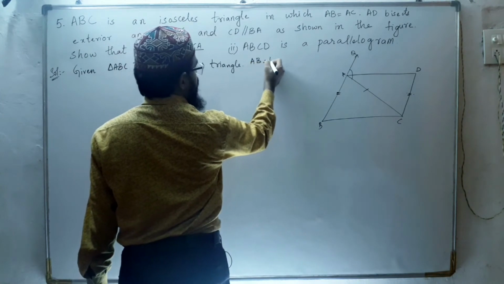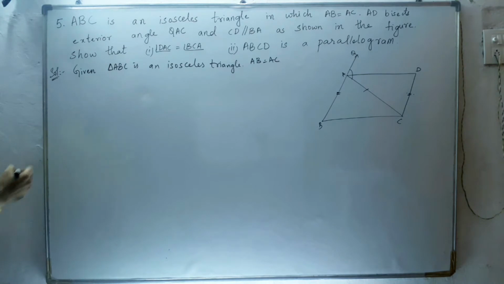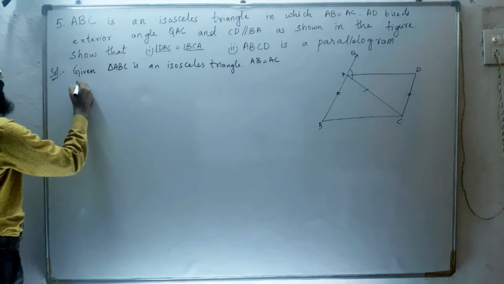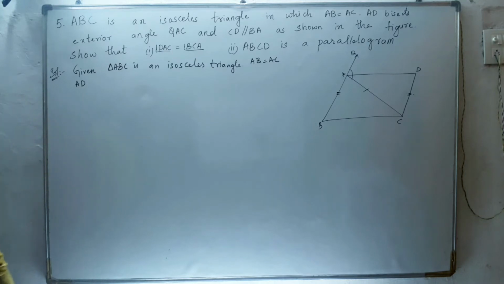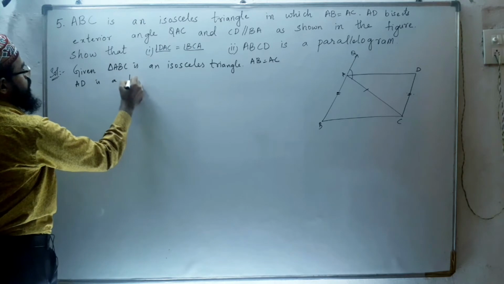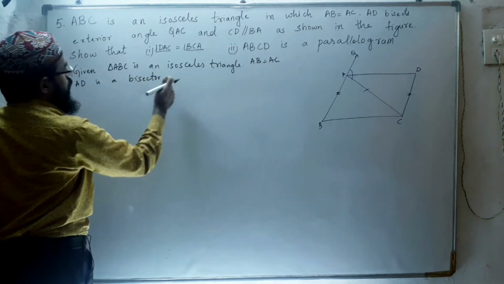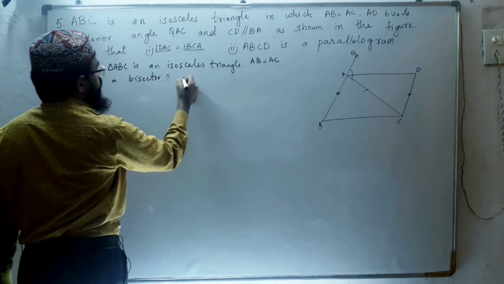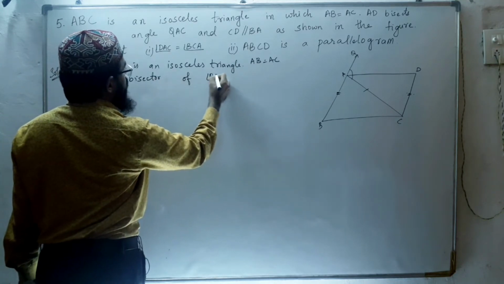AB is equal to AC. Next, they have given AD bisects. Bisects means cutting that angle into two equal halves. So AD is a bisector of angle QAC.